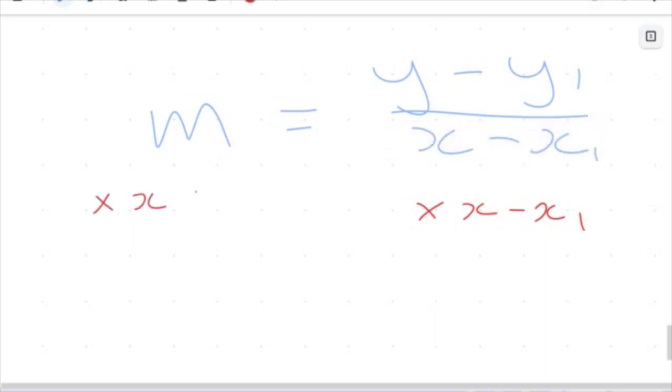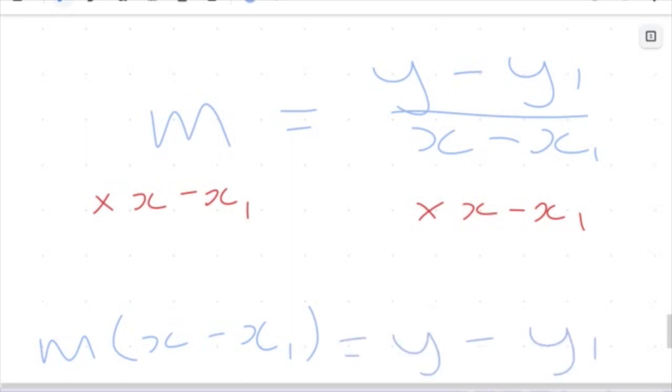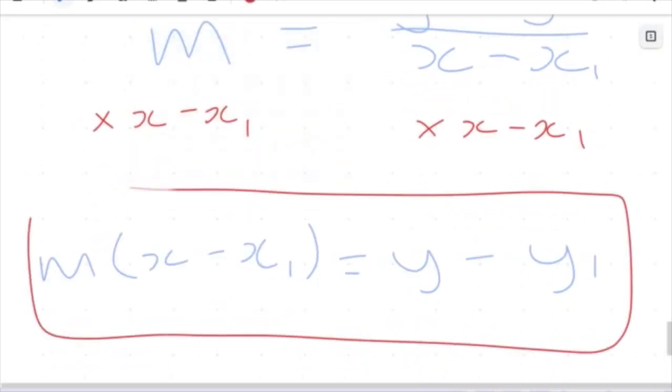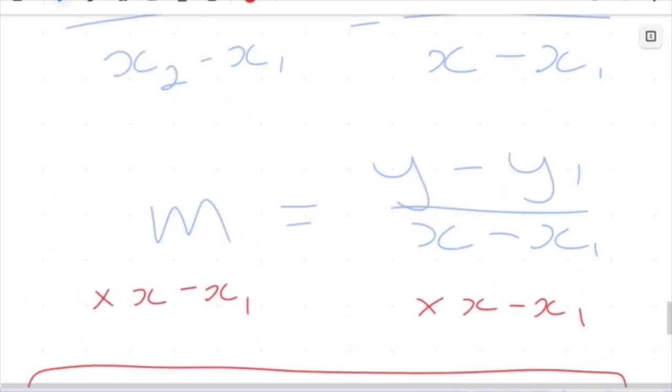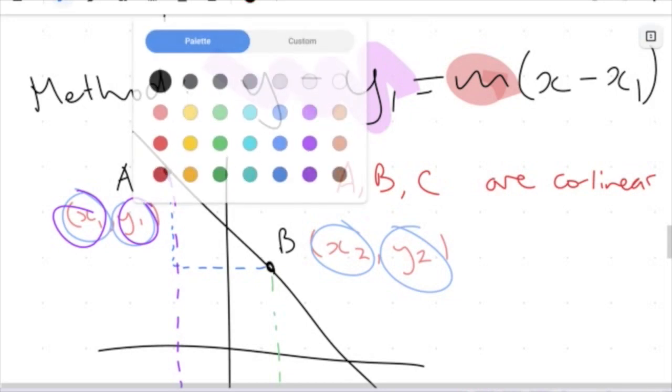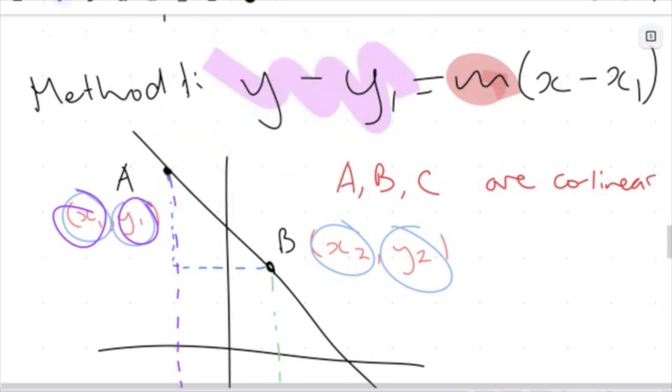And what do I get here? Well, I end up with m multiplied by x minus x1 equals y minus y1. And this thing here is identical to the formula we defined up here, the one you're given in your textbook, and that's what we're using for this method 1.